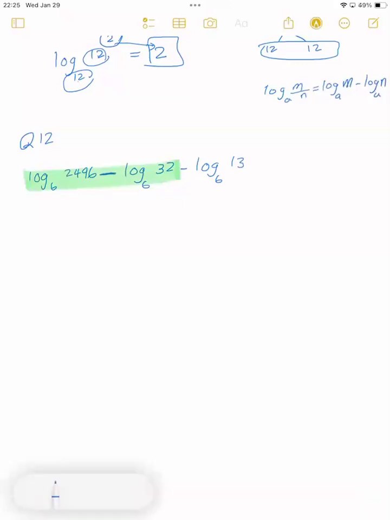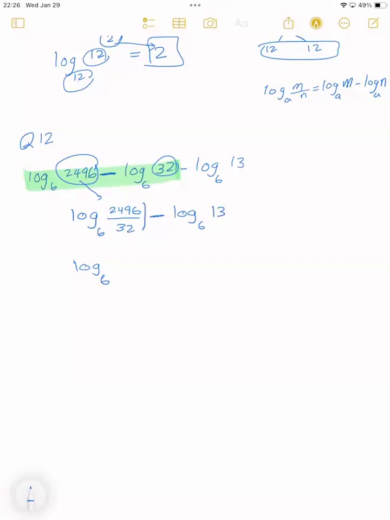So I have a subtraction. I write it as one single log of the numerator, 2496. The first one is the numerator. 32 is the denominator. And then I write the next one. And again, I have another subtraction.